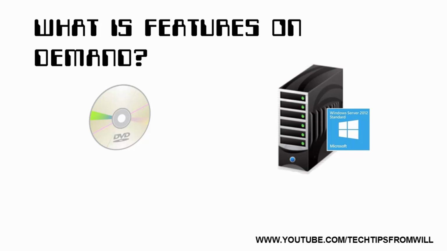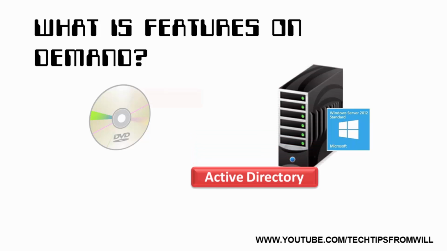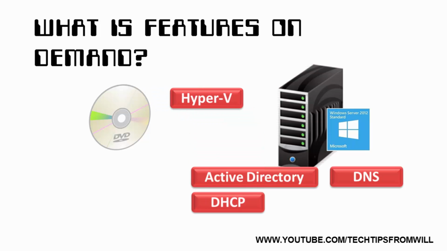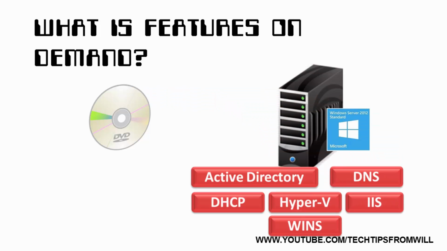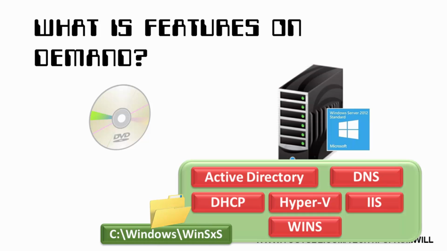This includes the install files for Active Directory, DNS, DHCP, Hyper-V, IIS, and WINS, just to name a few. These install files are copied to the C:\Windows\WinSxS directory.